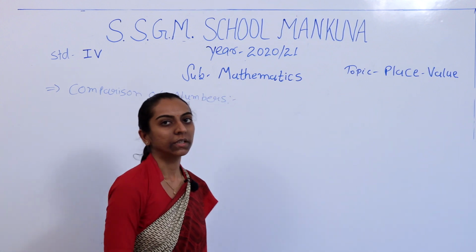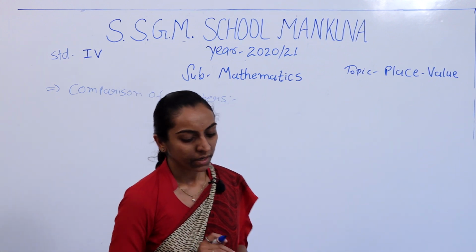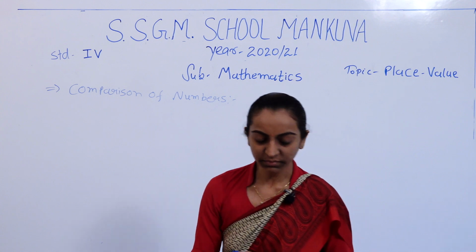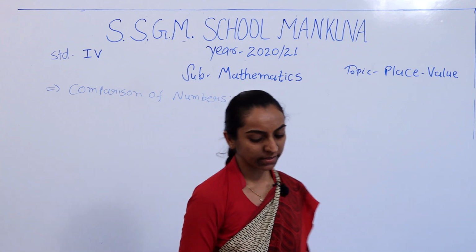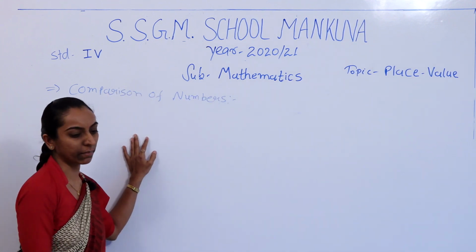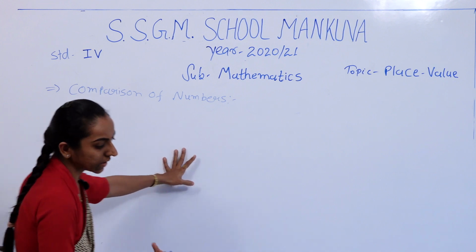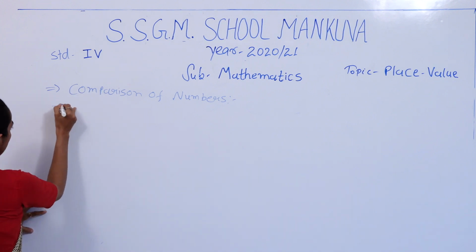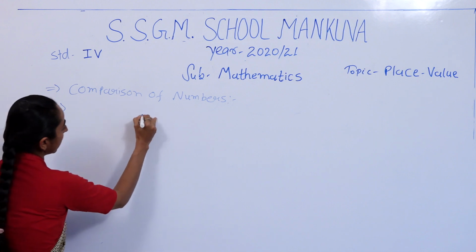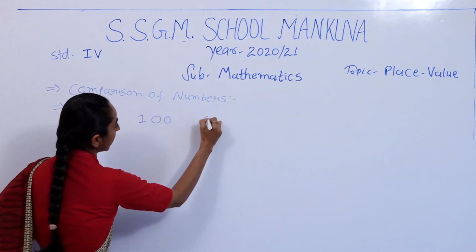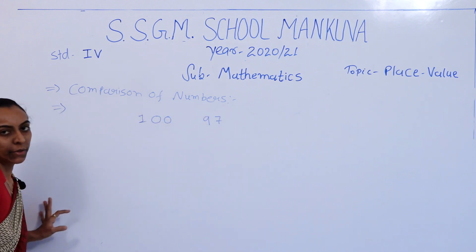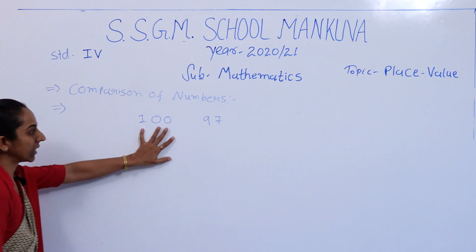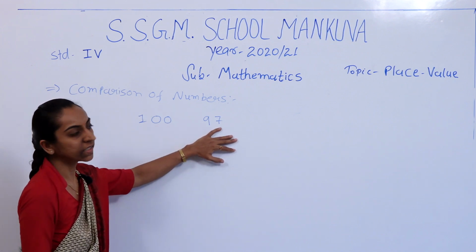First rule, the number with more digits is always greater than the number with fewer digits. For example, 100 is greater than 97.